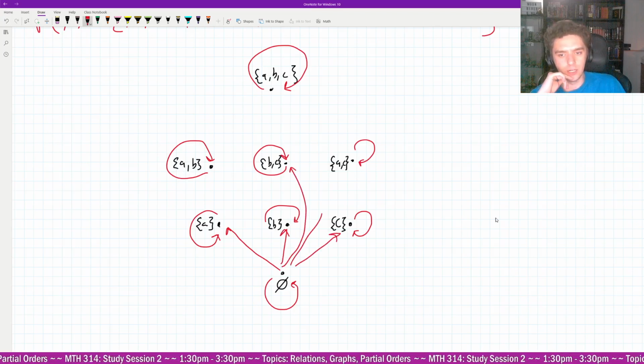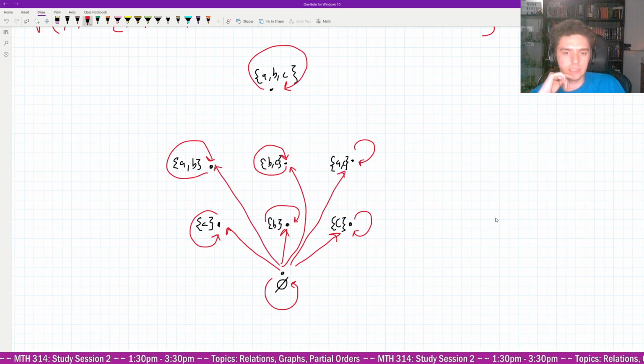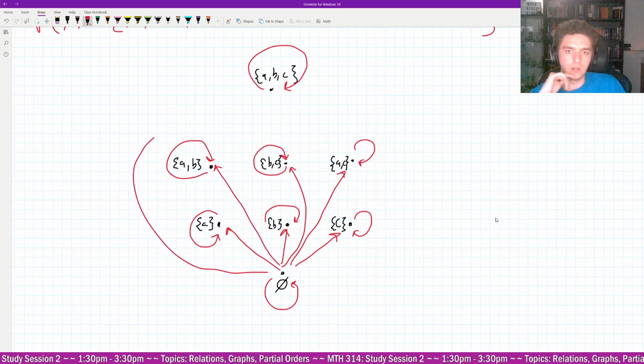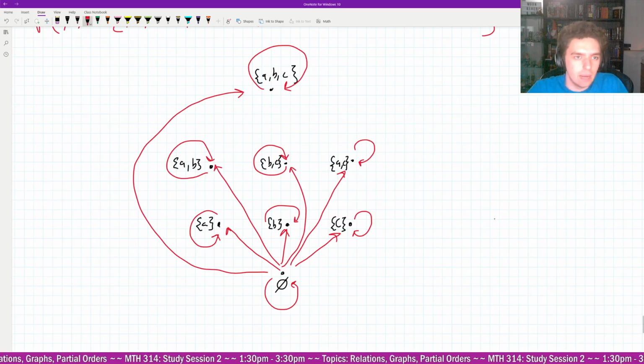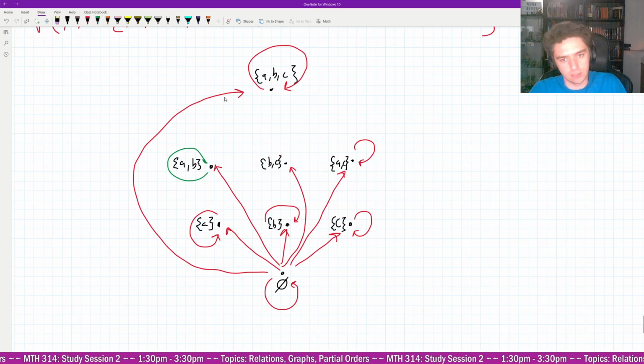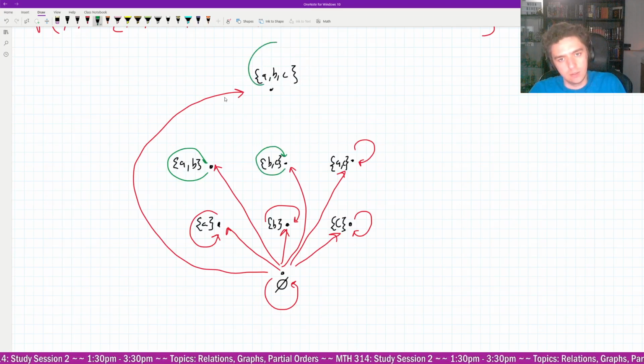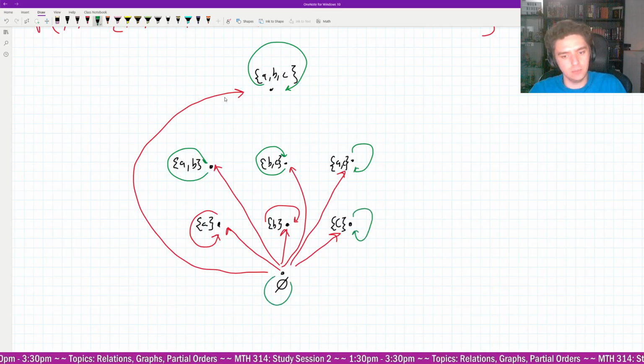So I will draw this like this, and then I'll just have to go around like that. There we go. You know what? I should color code it a little bit. I'll just do the reflexive stuff in green. There we go. Just want to be a little bit legible.